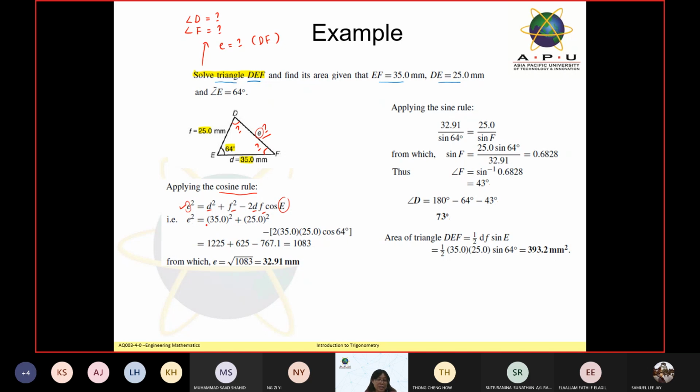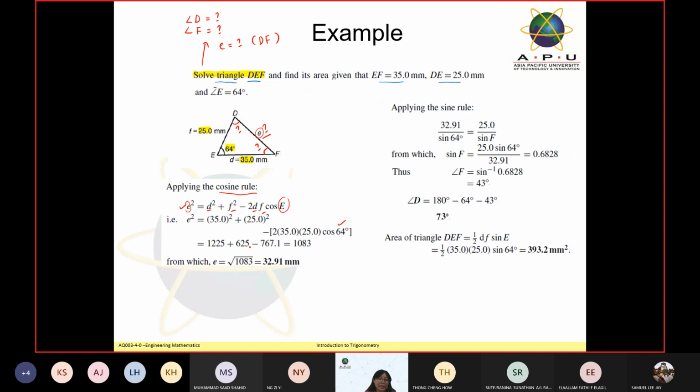Then substitute D as 35, F as 25, minus 2 times 35 times 25, times cos E, which is the angle 64.